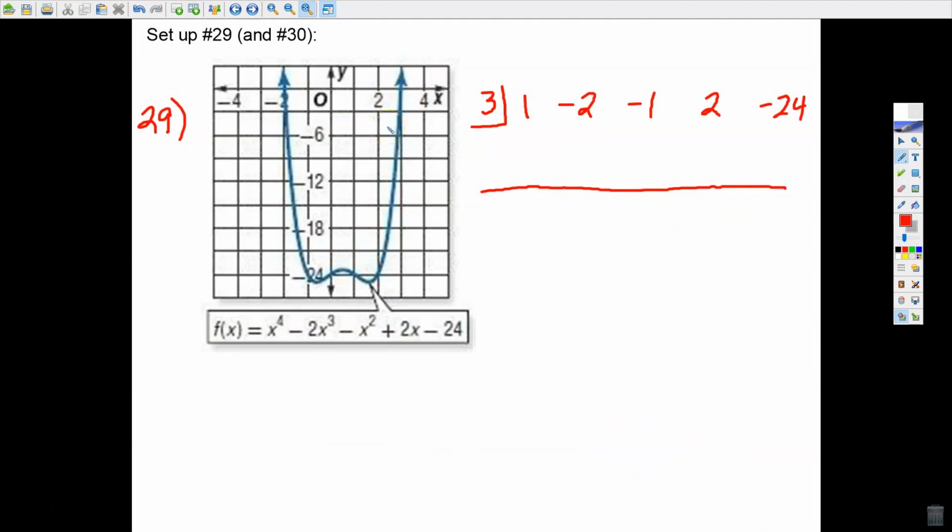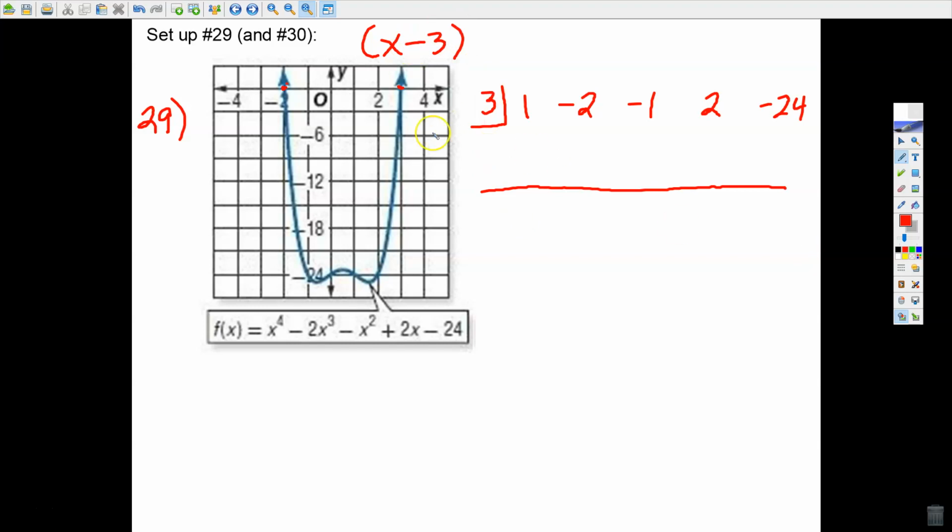Remember, to be a factor, it has to make the function equal to 0. Well, there are 2 numbers that I could plug in for x and make it equal to 0. What are those 2 numbers? -2 and 3. So you can think of it this way. One of the factors, if I'm making 0, one of the factors would be x minus 3.